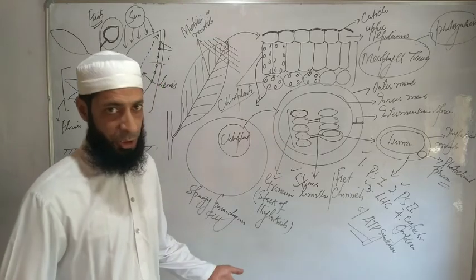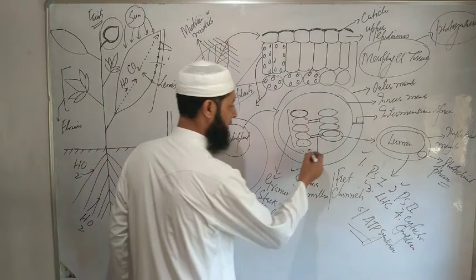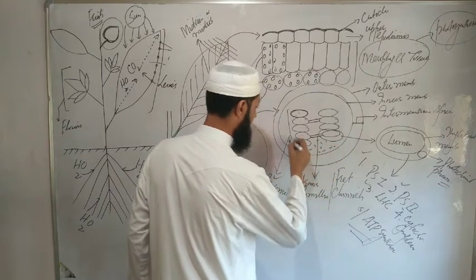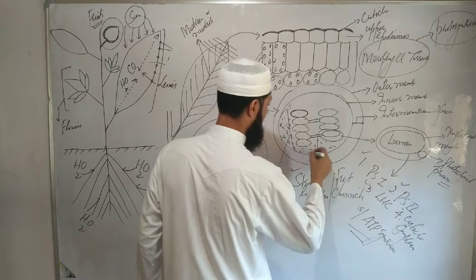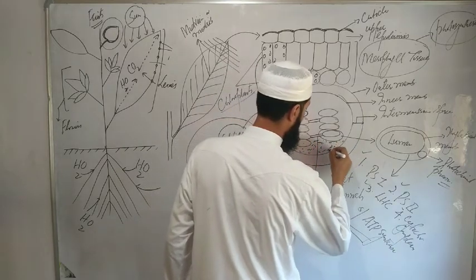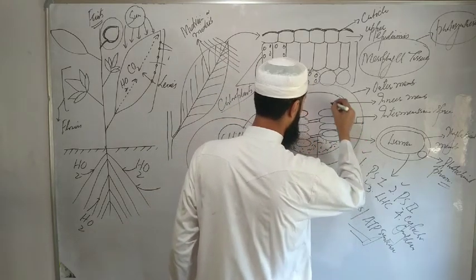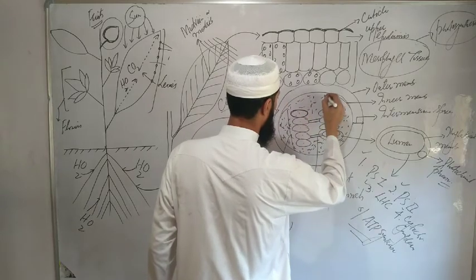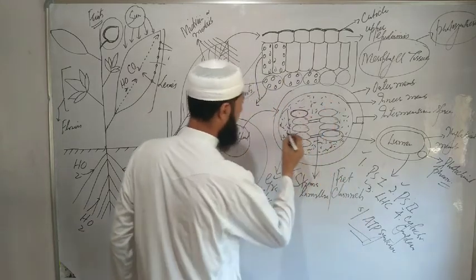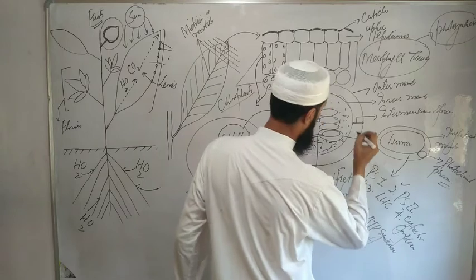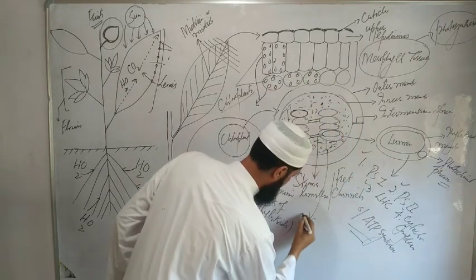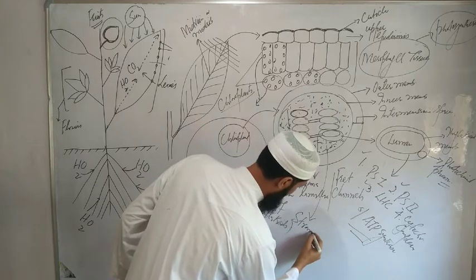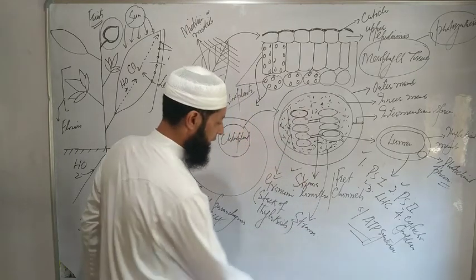And where does the second phase of photosynthesis take place? These grana are suspended in a watery matrix, that is the cytoplasm of this chloroplast, and that very cytoplasm is called the stroma.